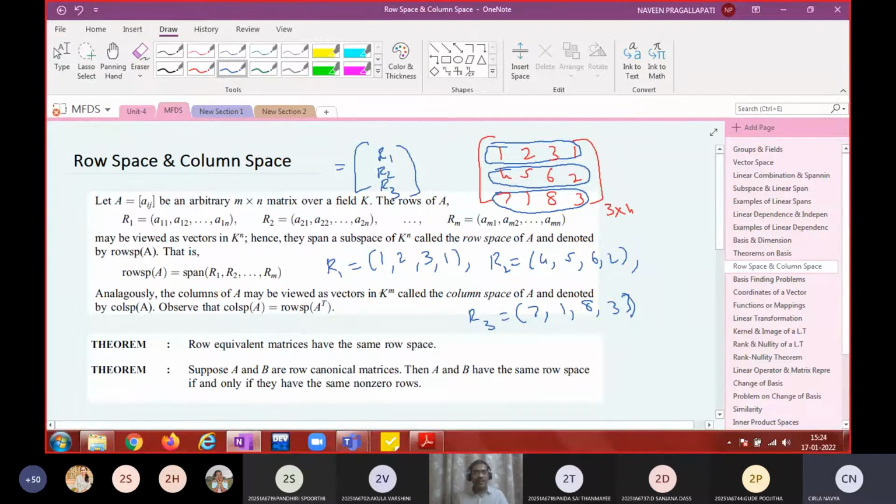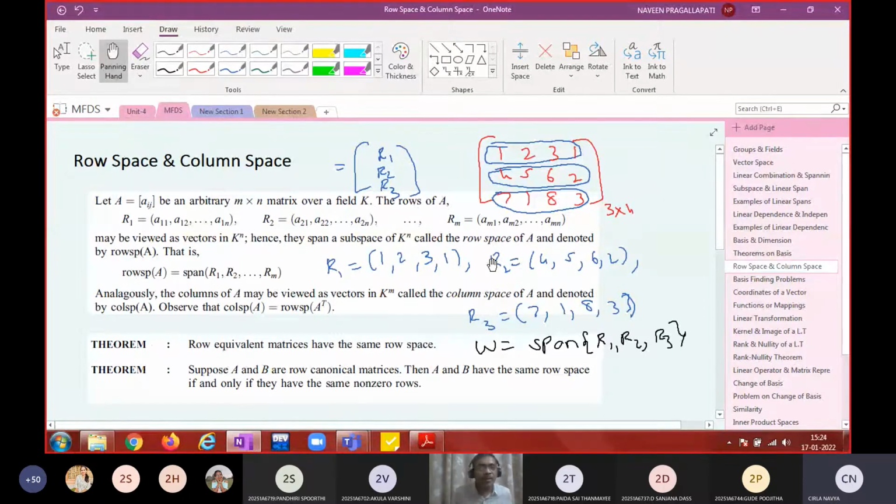And you can span a set by using these three vectors. Let us say the set W equals span of r1, r2, r3. And you know, any set which is spanned by a given set of vectors is going to be a subspace. That means you are going to generate a space which is spanned by these row vectors. That is called a row space.